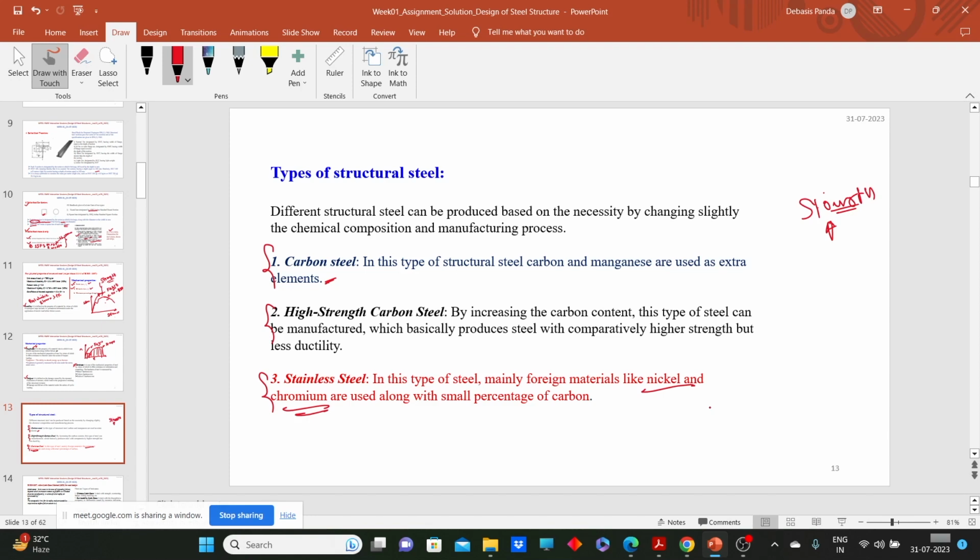Strength will increase, but eventually the ductility will decrease. So if we want ductile property and strength at the same time, we have to be very cautious about the selection of carbon content.